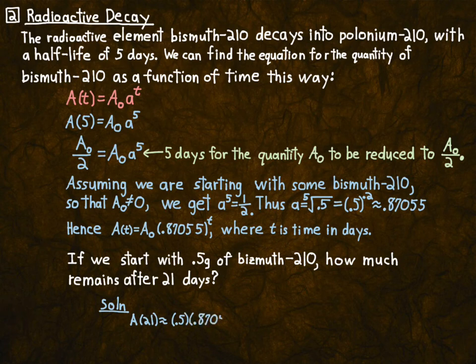So A sub 21 equals 0.5 times 0.87055 raised to the 21 power. That's why I kept so many decimal places. I maybe should have kept more. The 21st power is pretty high, which is approximately 0.027 grams.